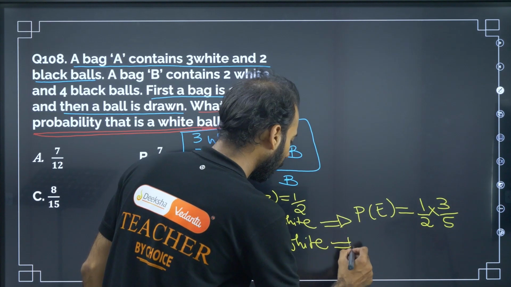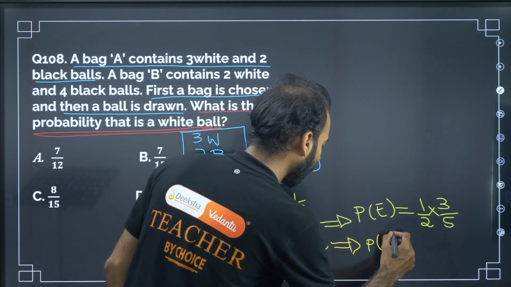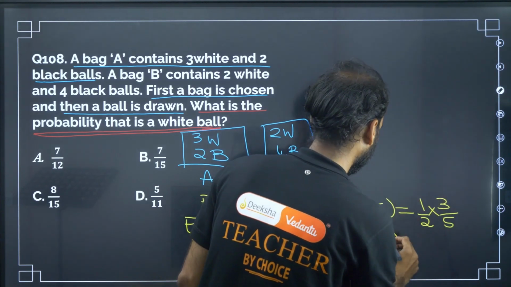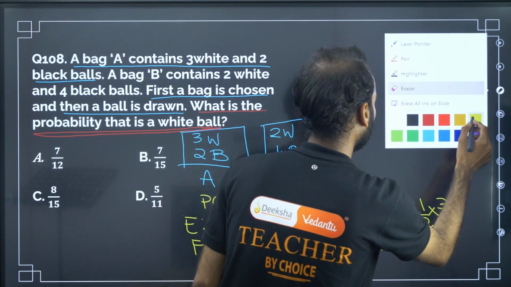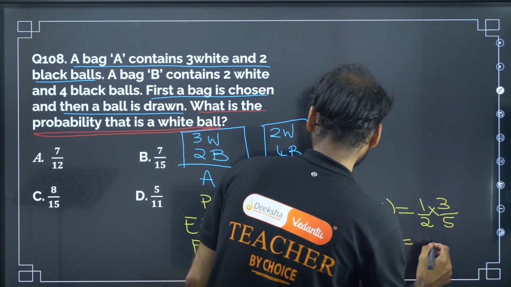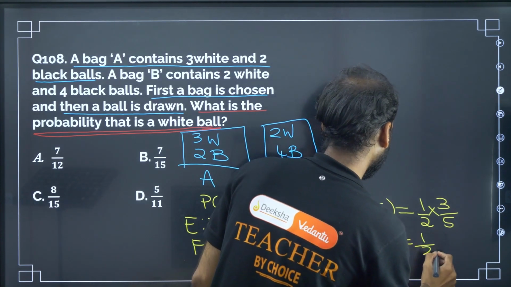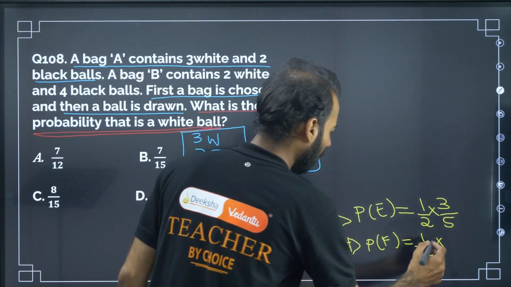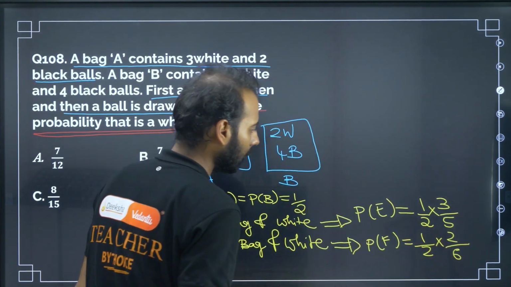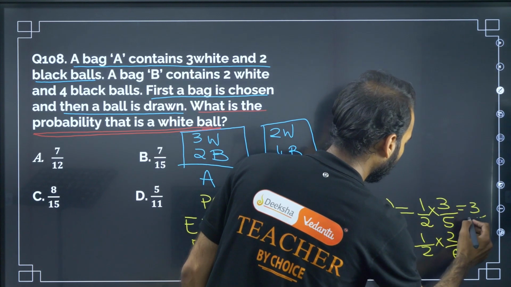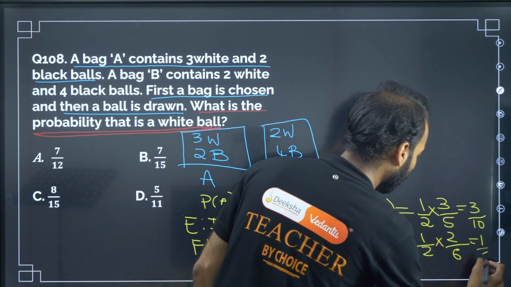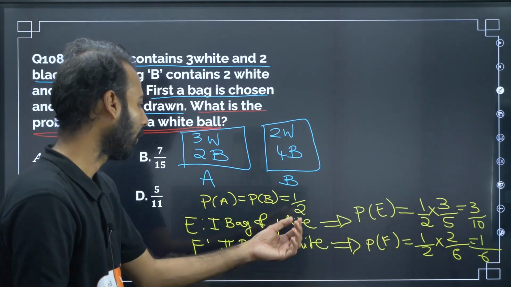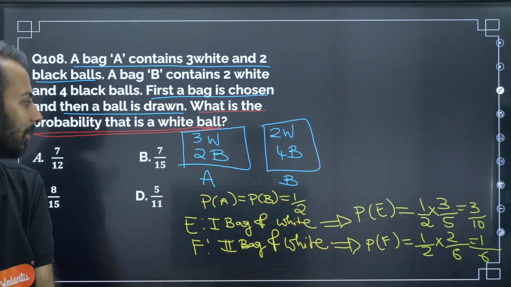Next, probability of event F equals second bag 1 by 2 into white 2 by 6. So this is 3 by 10 and this is 1 by 6. So probability of E is this, probability of F is this.